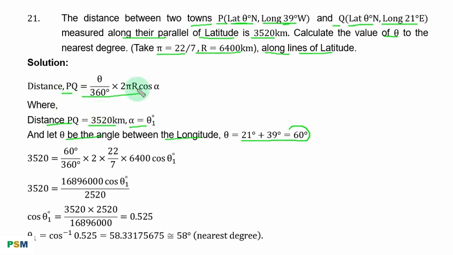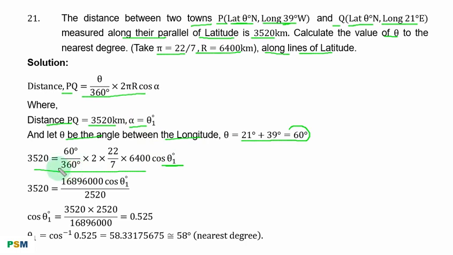You come here and replace the various parameters with what they stand for. Remember, you want to get theta degrees sub 1 representing alpha, the angle of latitude.